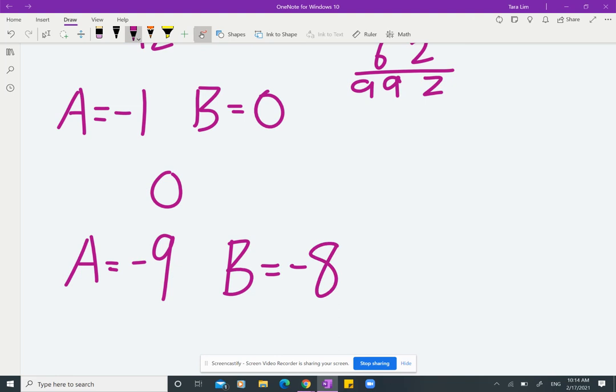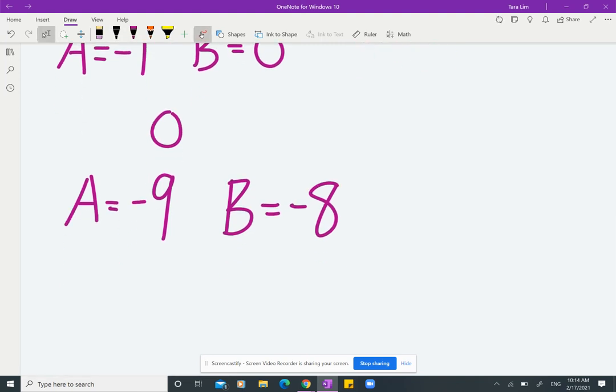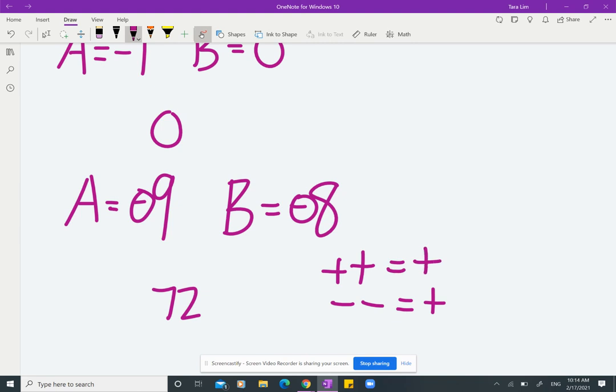Well, negative 9 times negative 8 is 72. The reason it is not a negative is because negative times negative gives a positive.